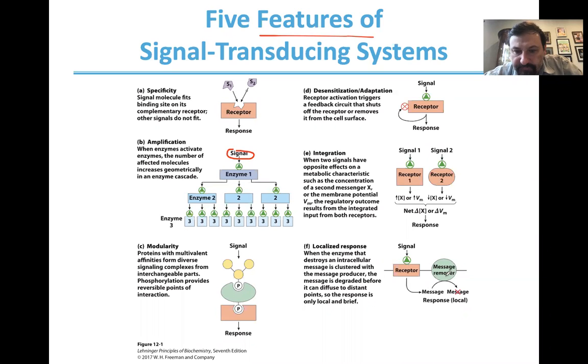Alternatively, you can employ what's known as a message remover in such a way that the response becomes local. So it's a way to localize the response just into the immediate environment of the receptor. We're not going to look at examples of this. Let me see if I can find examples of this in the literature. That's my homework.